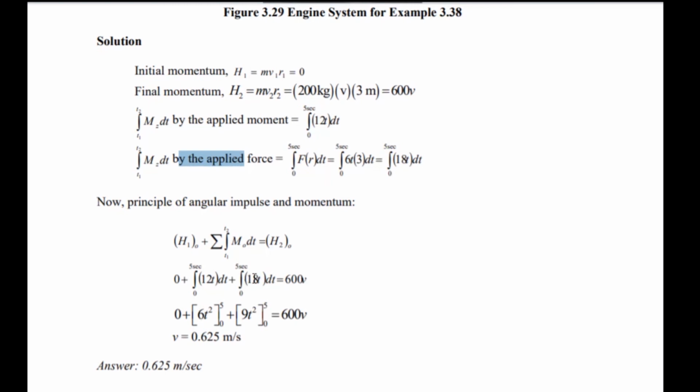Similarly here 18t, the power will increase to t square, and then we divide that 18 by 2, so it became 9. So that is the simple integration rule. Then equals 600 v. If we solve for v, we will insert the value t equals 5.